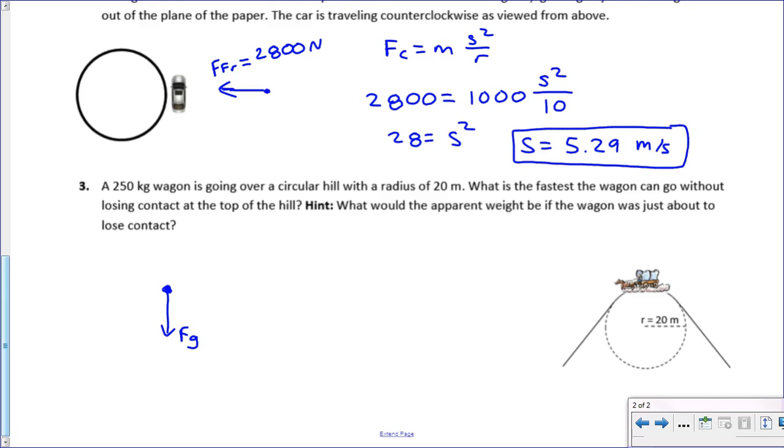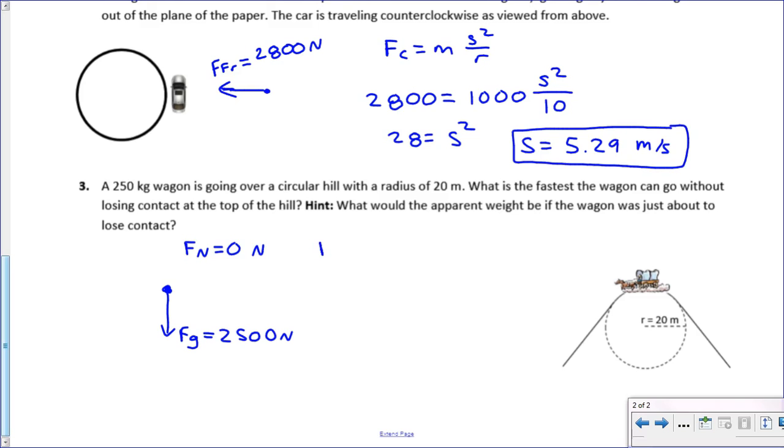And so there's just a gravitational force. Okay, the gravitational force is 2,500 newtons. We know there's no normal force here. You're just about to lose contact. You're going that fast. So normal force equals 0. All right. And so our centripetal force really in this case is the gravitational force. It's the only thing acting in that direction.